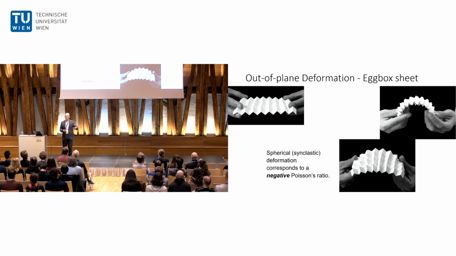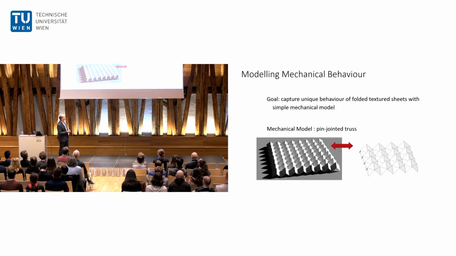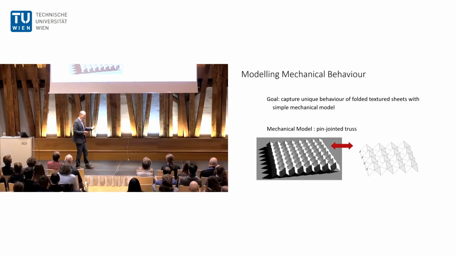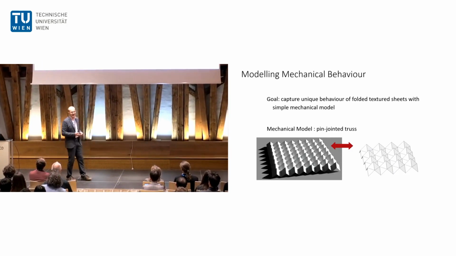So what we're talking about today is modeling origami. So how do we model this? And we modeled this in what seemed to be a very straightforward and simple way, but has turned out to give interesting results. So we simply thought of, in this case, modeling the structure as a truss structure.